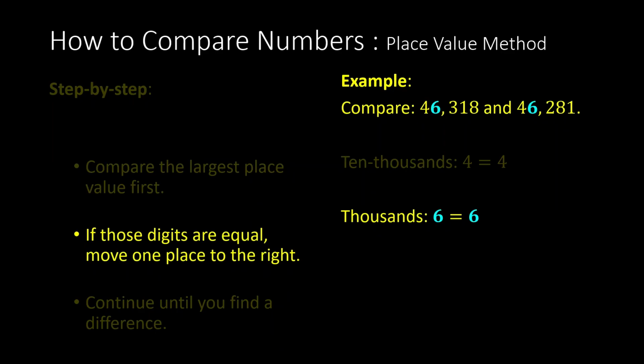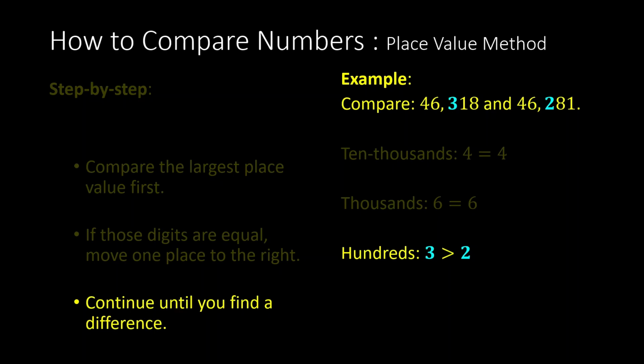They both happen to be 6. So we look at the hundreds column. This time, the digits are different, and 3 is greater than 2. Therefore, we have that 46,318 is greater than 46,281.